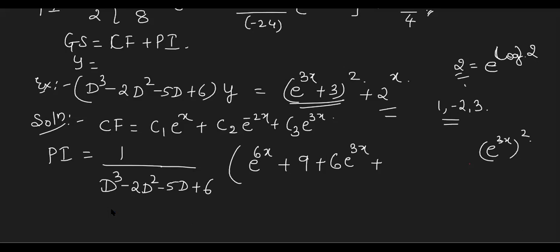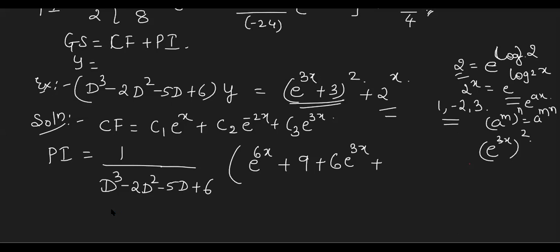Now raise the power on both sides by x. Tell me what you'll get. e raised to log 2 whole raised to x means log 2 x. See, like this, a raised to m raised to n, how do you write? a raised to mn, no? So I'm just multiplying: log 2 into x is log 2x. Is it not now in the form e raised to ax?